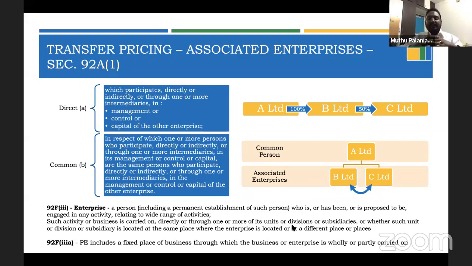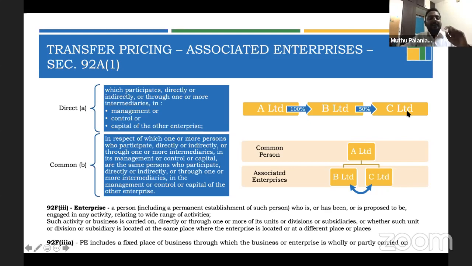So when you say direct relationship, one entity directly holds in another entity. When we say direct, it also includes the step subsidiaries. So it also includes the indirect holding of A to C. In this example, as we could see, A owns 100% in B Limited, B Limited owns 50% in C Limited, which means indirectly A Limited also owns 50% in C Limited.